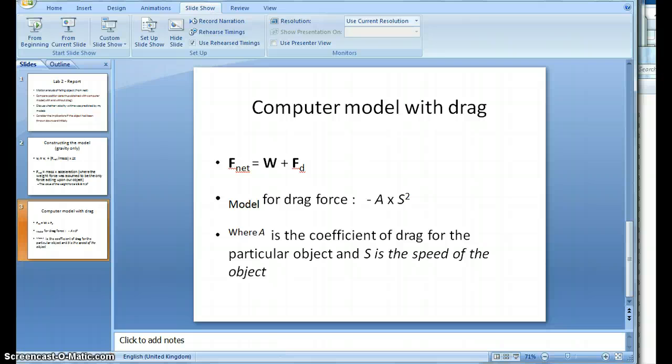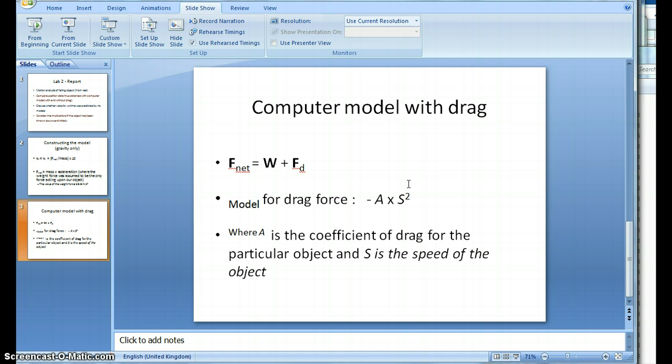To construct the computer model with drag, the change I made to the previously mentioned model was that I took Fnet equals the weight force plus the drag force, and we were told to use this model for the drag force: minus A, with A being the coefficient of drag, minus to show the direction, multiplied by the speed squared.